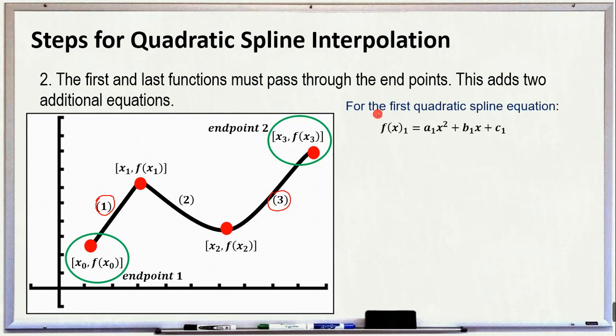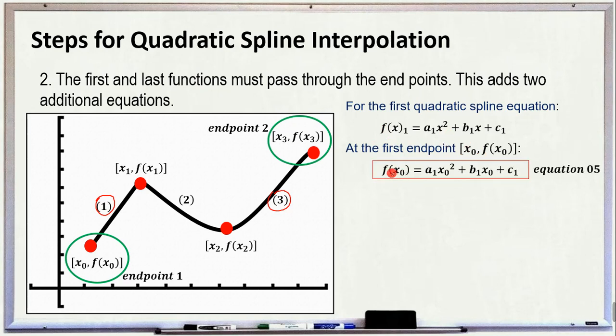Now, for the first quadratic spline equation, as you can see in the graph, it coincides with endpoint number 1. So at the first endpoint, we substitute the values for x and y into the first quadratic spline, and it becomes f of x naught is equal to a1 x naught squared plus b1 x naught plus c1.